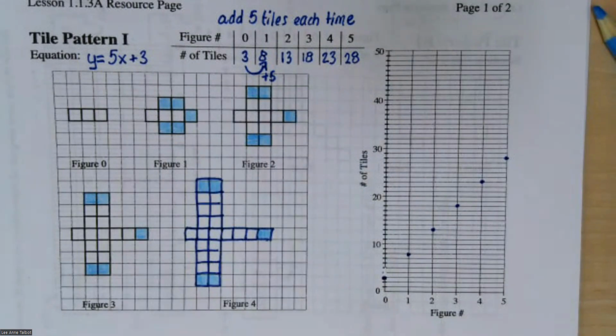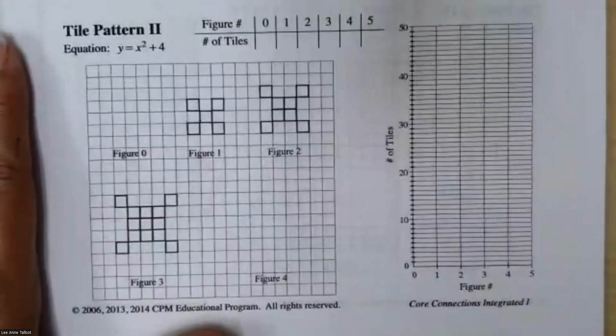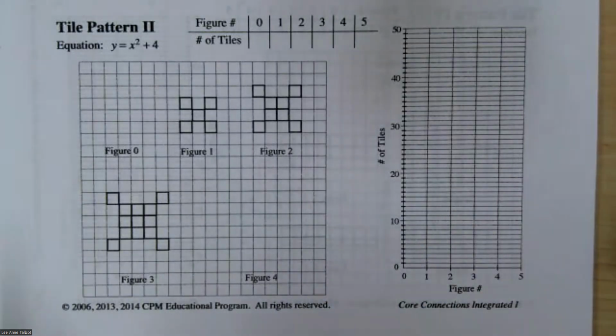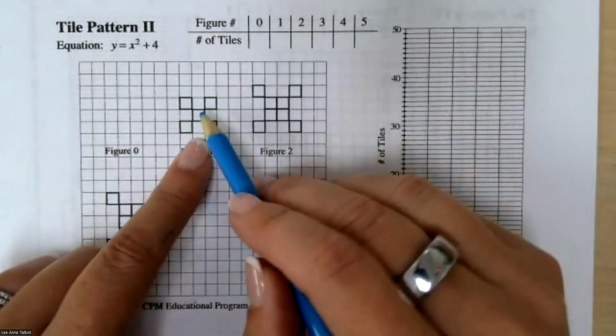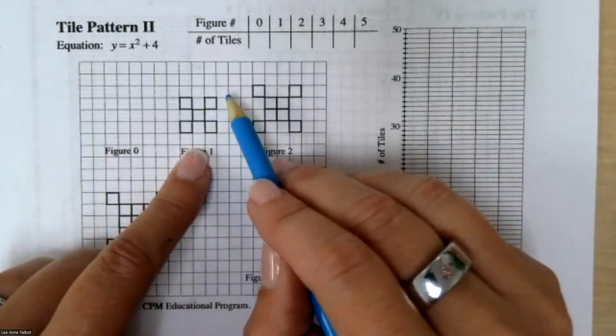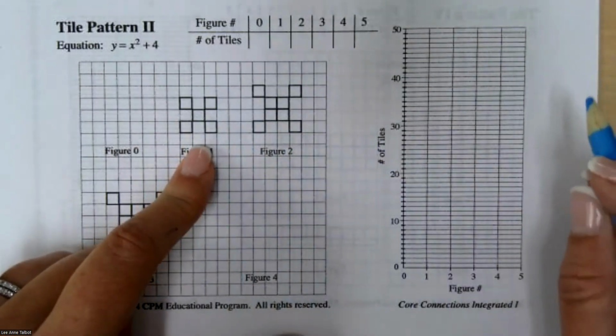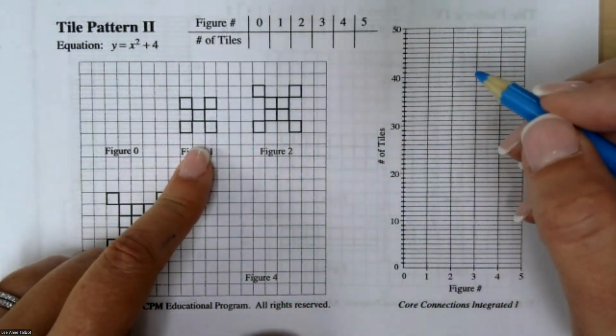Okay. Now let's move on to number 2. So number 2 has the equation in here for us because we don't know how to do that. But let's talk about the tiles. So if this is figure 1, what tiles are new in figure 2?